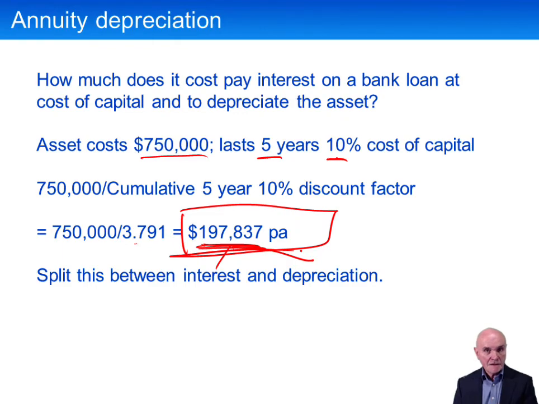So the notional interest plus depreciation, or the real interest, if you like, are going to add up each year to this annuity amount of 197,837. So let's see how that would work out.